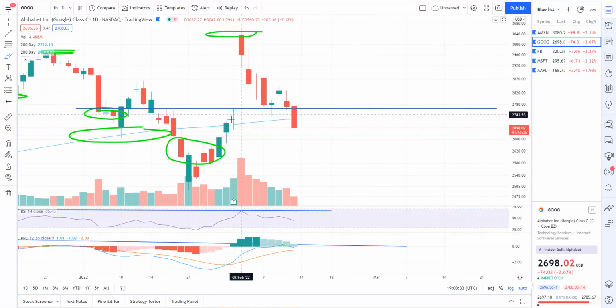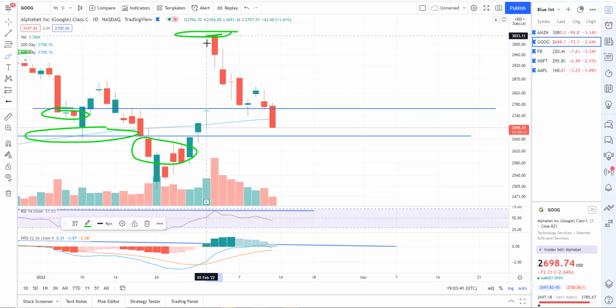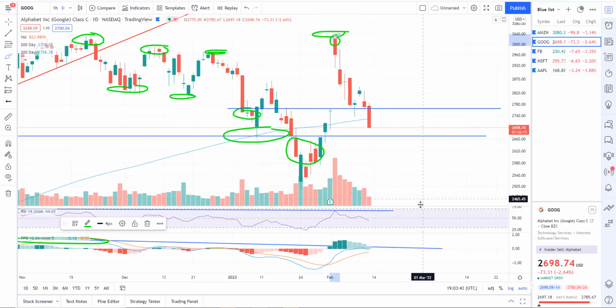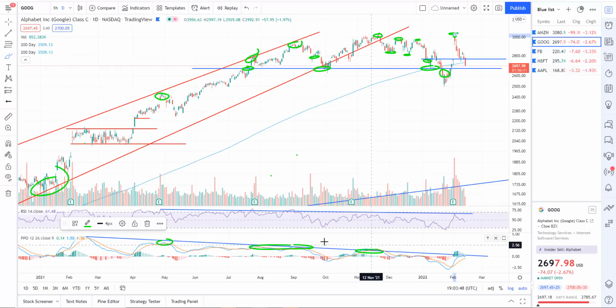Okay, here's Google. One thing I want to point out. Google earnings came out on February 1st, and it was up in the after hours. It opened about 10% higher. That rally way up here when we made a new high was a divergent high. So you see the negative divergence, the momentum is dropping off on the RSI and the PPO.